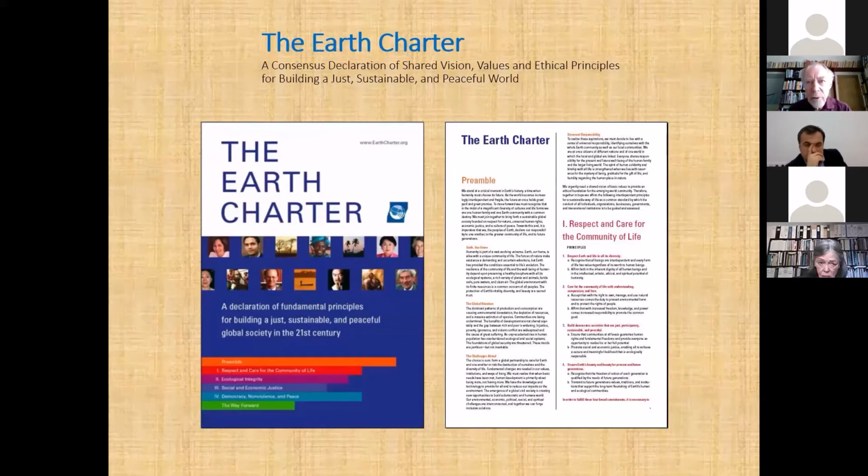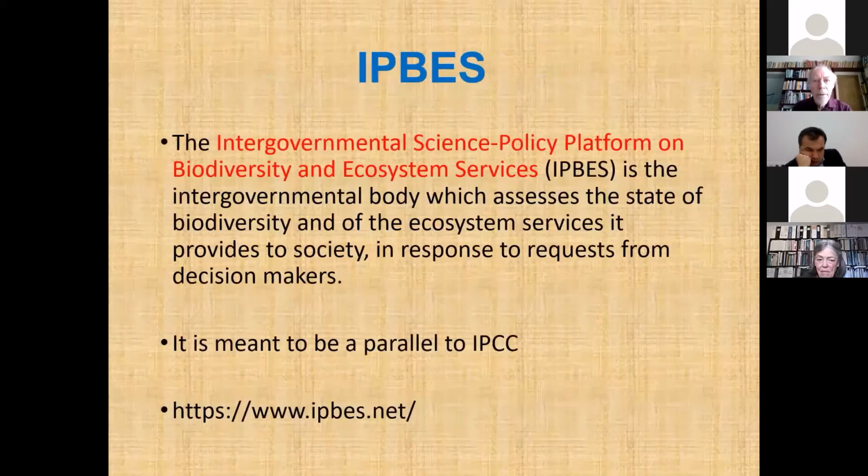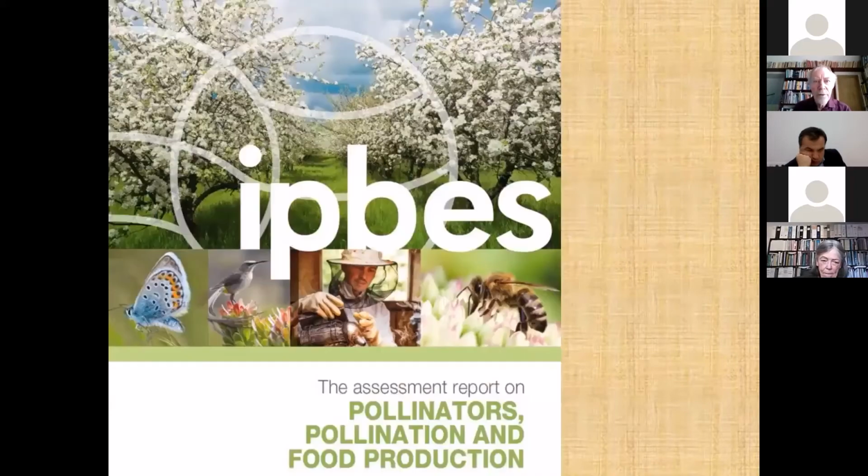Then we have the Millennium Ecosystem Assessment. It's a huge project that was done with thousands of experts from all over the world. They went through a number of ecosystem services and looked at what the situation was.